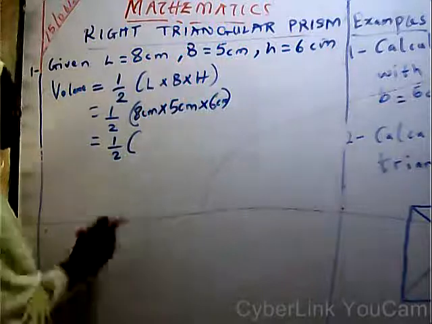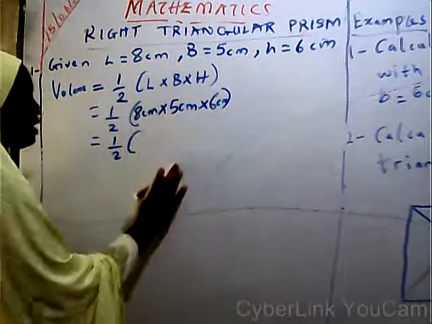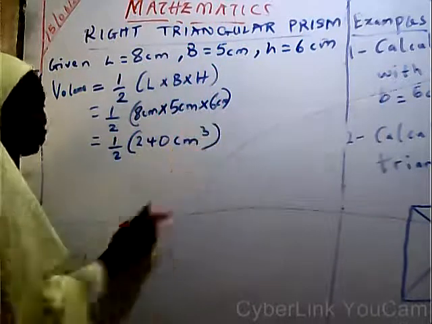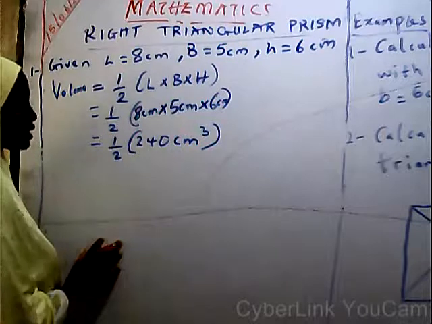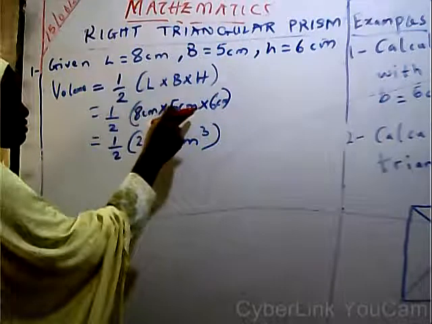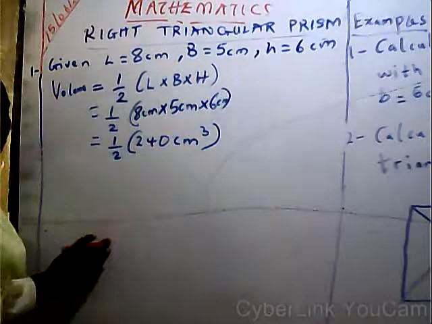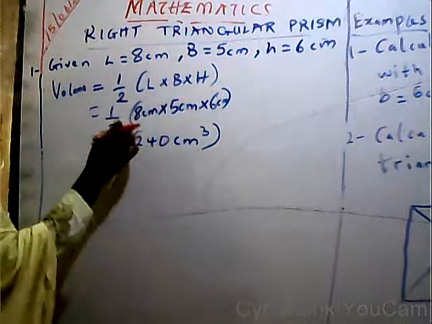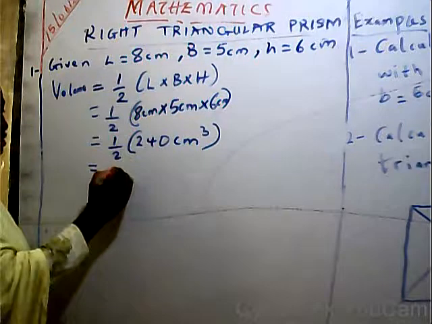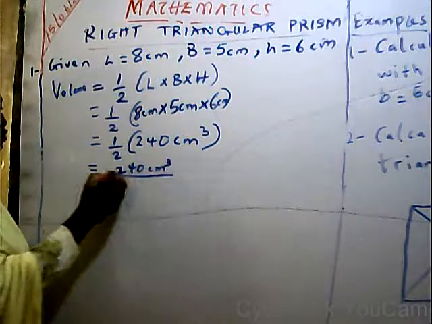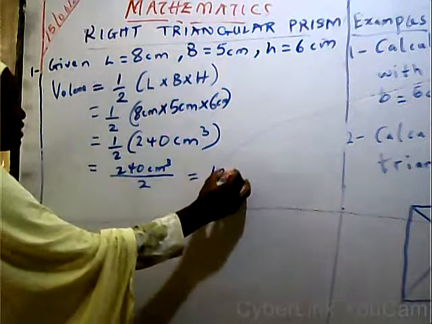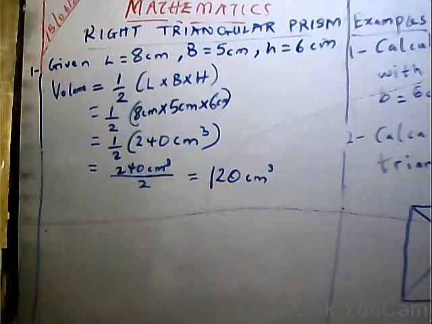If you multiply these three values together, we are going to get 240 centimeter cube. Remember, this bracket means multiplication. So this means 240 centimeter cube divided by 2. When you divide, our final answer will be 120 centimeter cube. I hope it's clear to you.